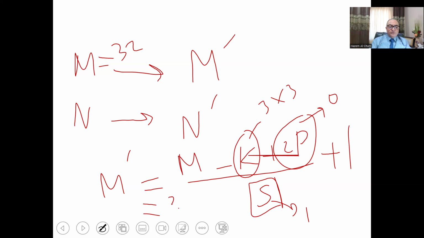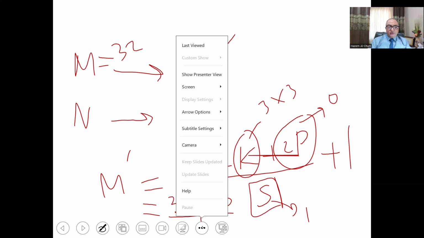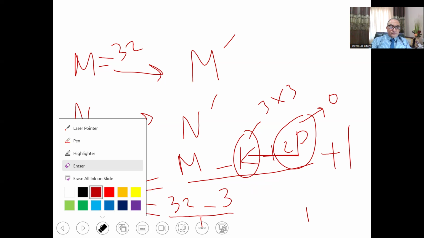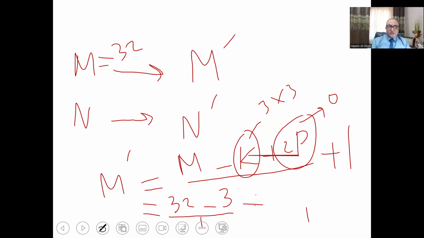So we have 32 minus 3 plus 0, over 1, plus 1. So this means that the output value will be 32 minus 3, which is 29, plus 1, so it will be 30.